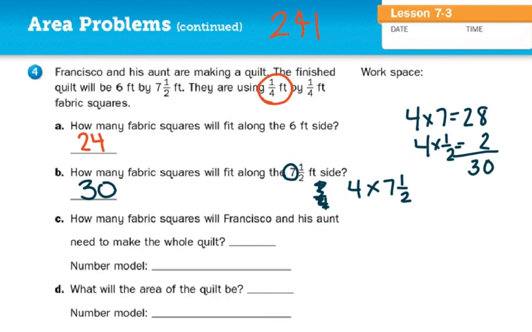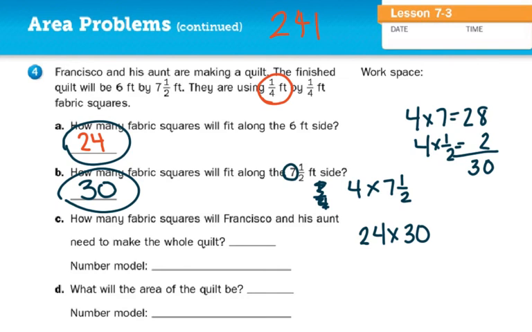Now, there's 24 along the 6 foot side, 30 along the 7.5 foot side. So I need to take 24 times 30.